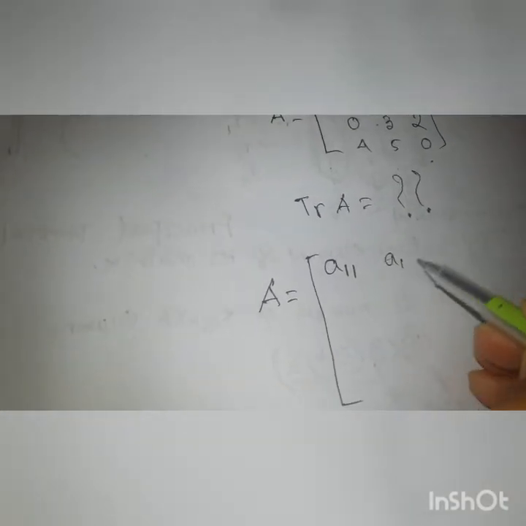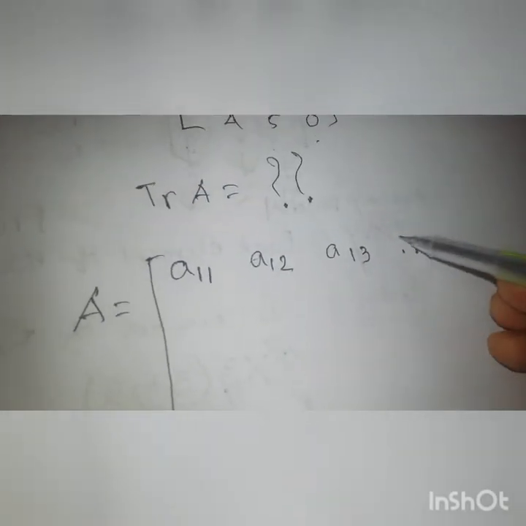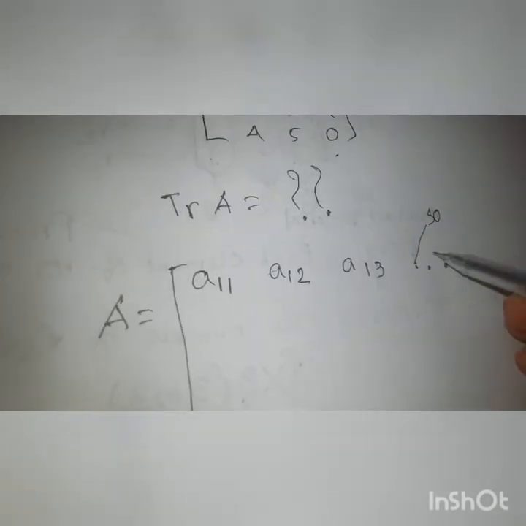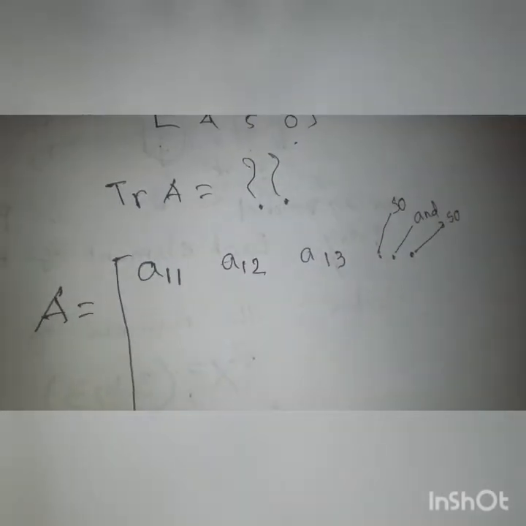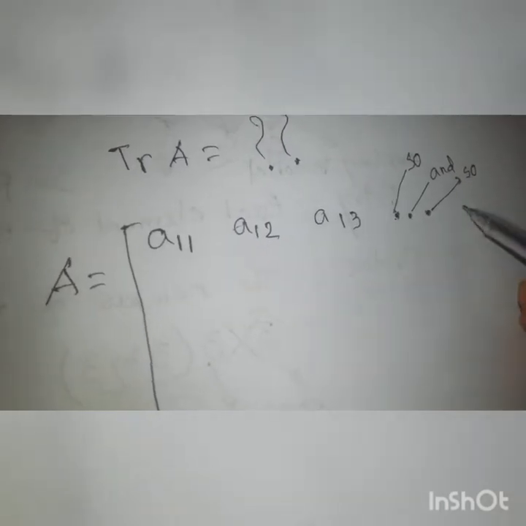The second entry is first row, second column, and then first row, third column. There are 3 dots. Viewers, this is very important, these 3 dots.